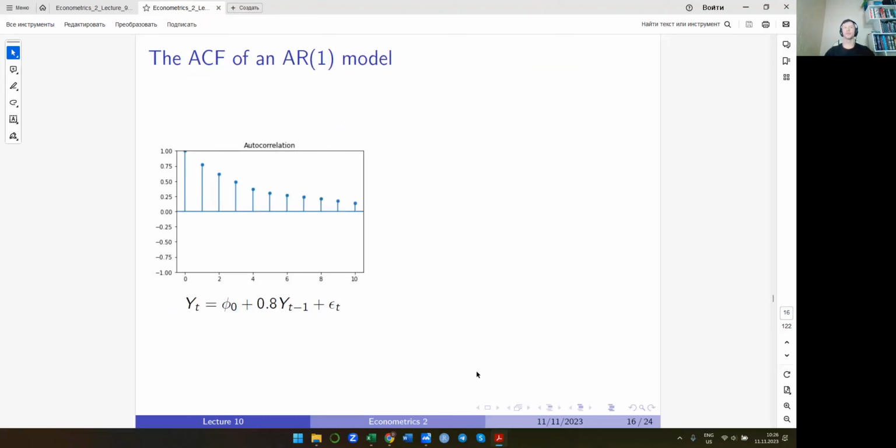If you take an AR1 process with phi 0.8, we start at 1, then the next value of autocorrelation is 0.8, the next is 0.64, the next is 0.64 times 0.8, and so on. It goes down, never reaching 0, of course, but going very close to 0.